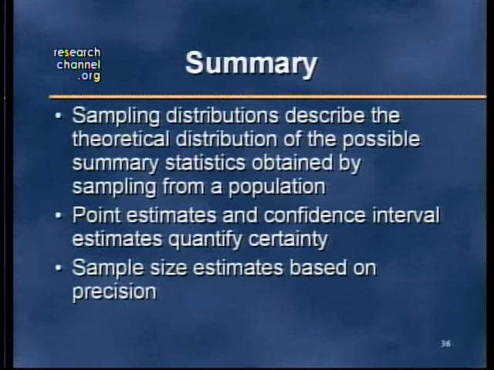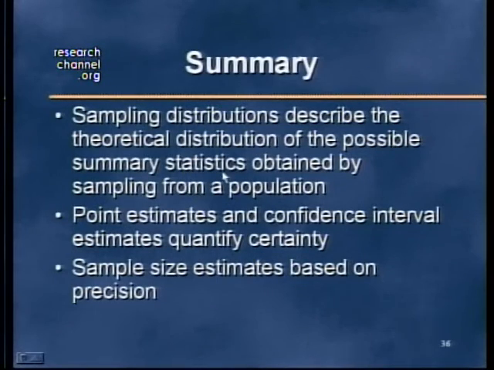Okay, so what we have done is we've taken the knowledge that we had of probability distributions, in particular the normal probability distribution. We've extended it to a discussion about theoretical sampling distributions that give us a theoretical description of the probability of all possible sample means that we might get when we sample from a population with a given theoretical population mean, or any other statistics.